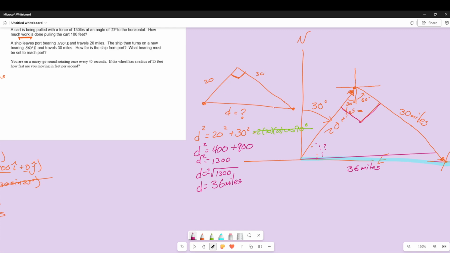But we can still figure out what this angle down here is. Again, I don't know if it's below or above the axis, but we can still figure out what this angle is because we have these two lengths, and we now have this length at 36.